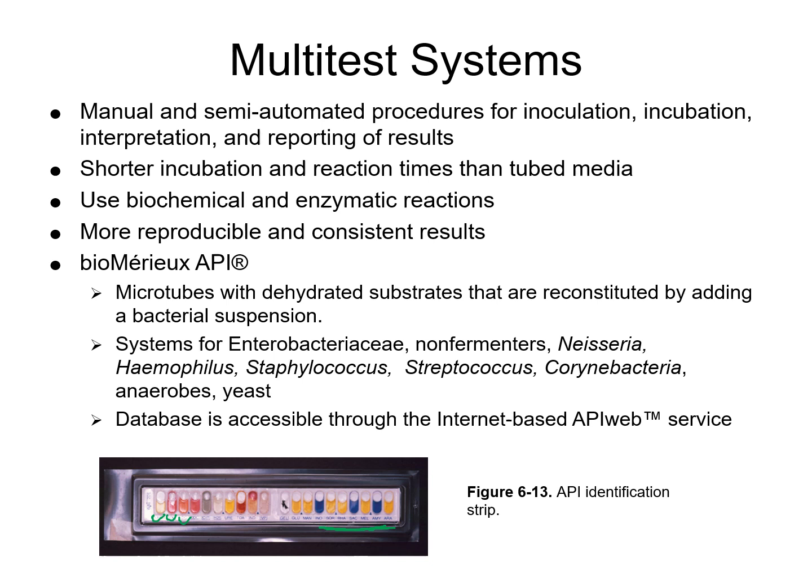Then you incubate it, you may have to add some additional reagents after incubation, and then you interpret the results based on the color reaction. For example, for these sugars down here at the end, if one of them is yellow, that means the organism can utilize that sugar.